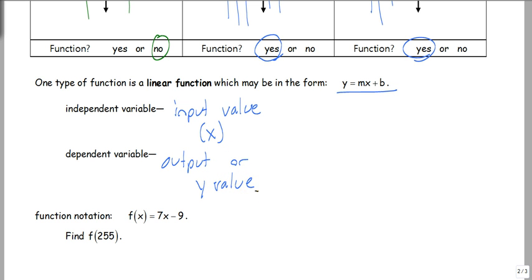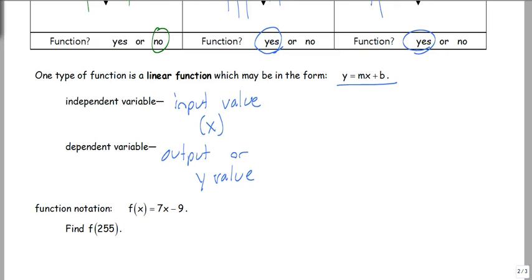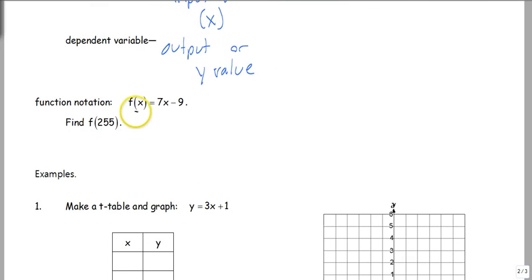So, when we're dealing with function notation, you'll see it like this. It's basically saying, I have a function of x, so a function with respect to x, and the function is this. So my input value would be an x value, and I want to know what the output is. If I look at this one here, it's saying my input value is 255.